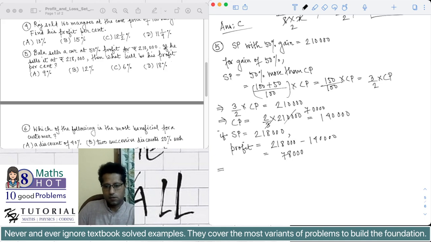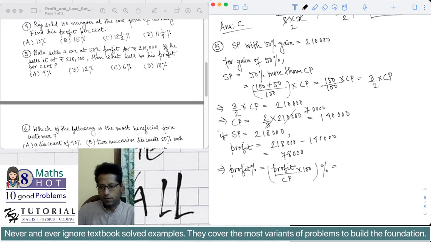So profit percent is equal to profit divided by CP multiplied by 100. Profit is 78,000 and the cost price was 1,40,000, multiplied by 100.